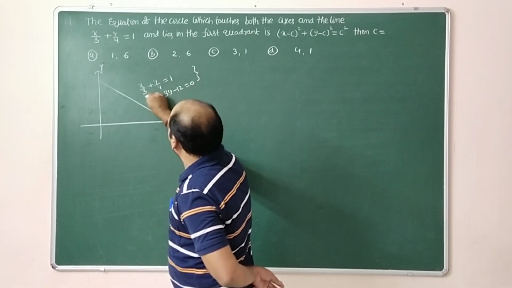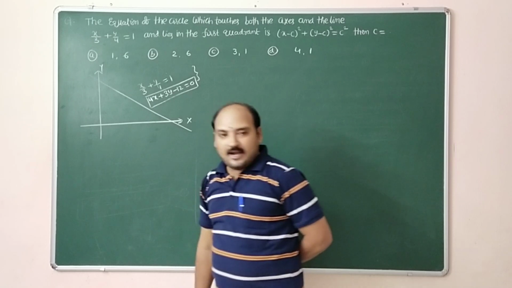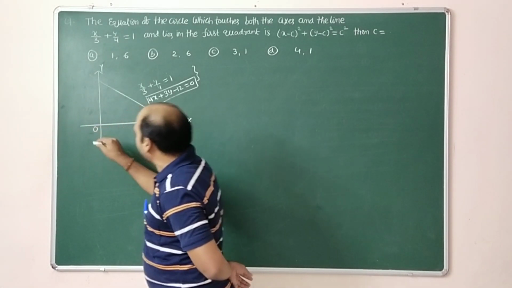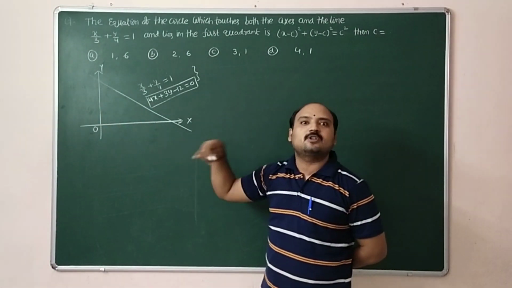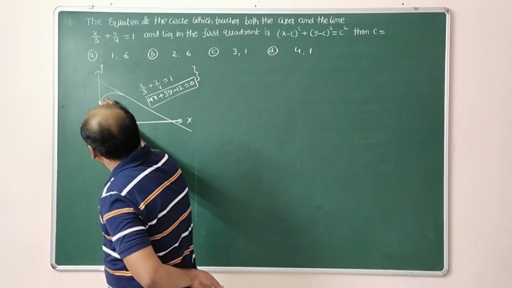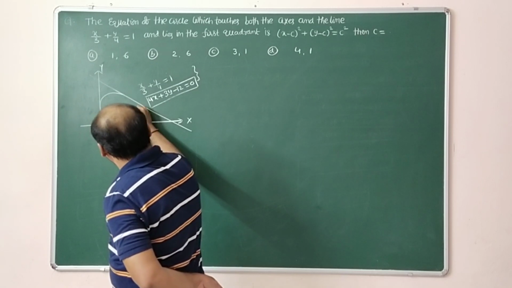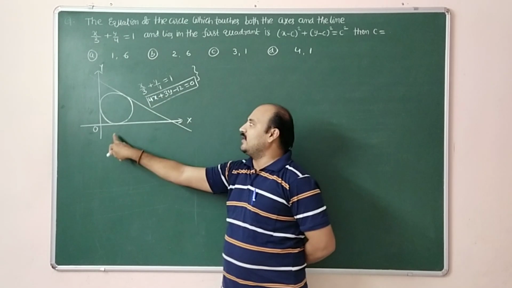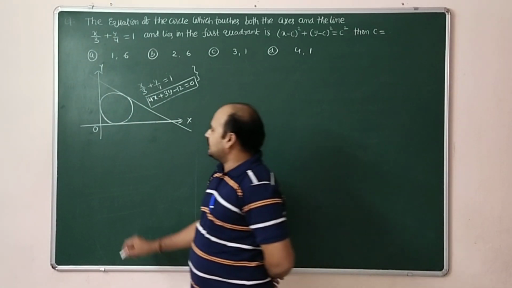Both lines are the same. The circle touches both the coordinate axes and also the line. So the circle forms like this. This is the circle which touches this line as well as both the coordinate axes.